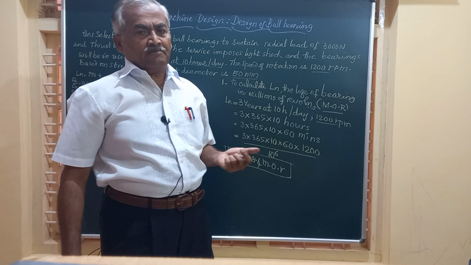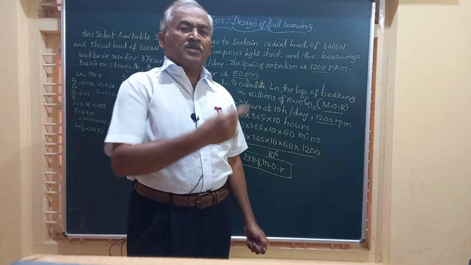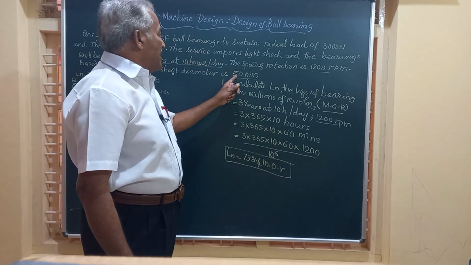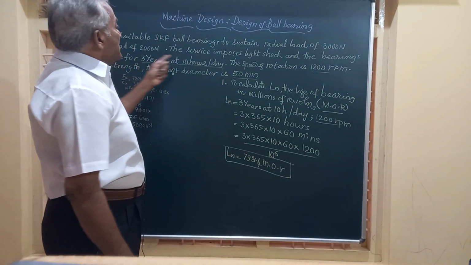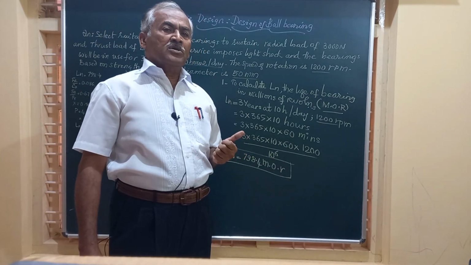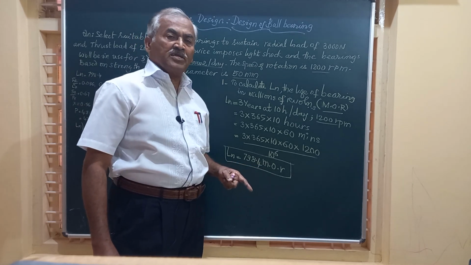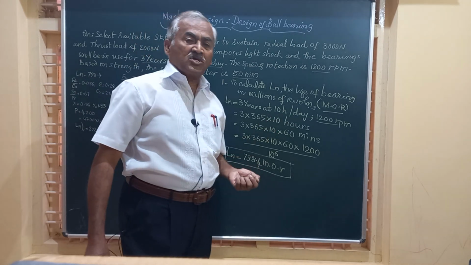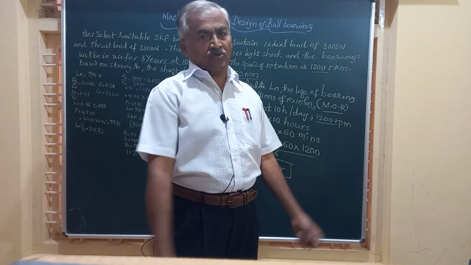In other words, this implies that the bearing which has a shaft diameter of 55 millimeter, based on these loads, to sustain those two loads, has to make so many millions of revolutions before it is discarded, or before it is changed, or before it is thrown out.